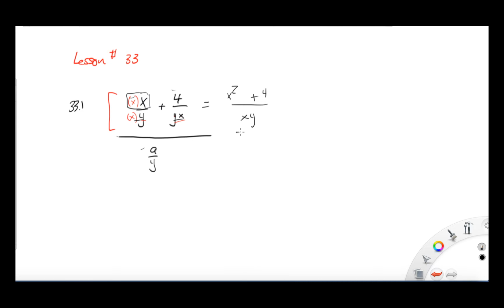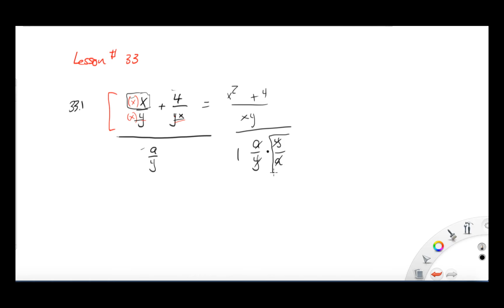Okay, now that is all over a over y. Now that the top is solved, we're going to get this ay out of the denominator. And how we do that is simply multiply by the reciprocal, so it cancels out and we're left with 1 on the denominator.